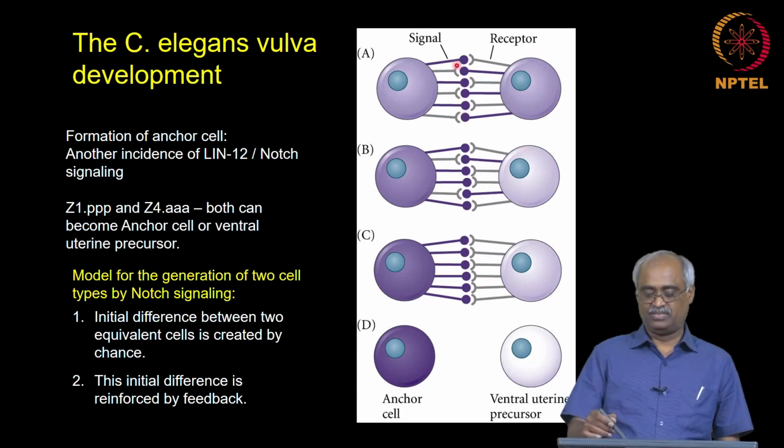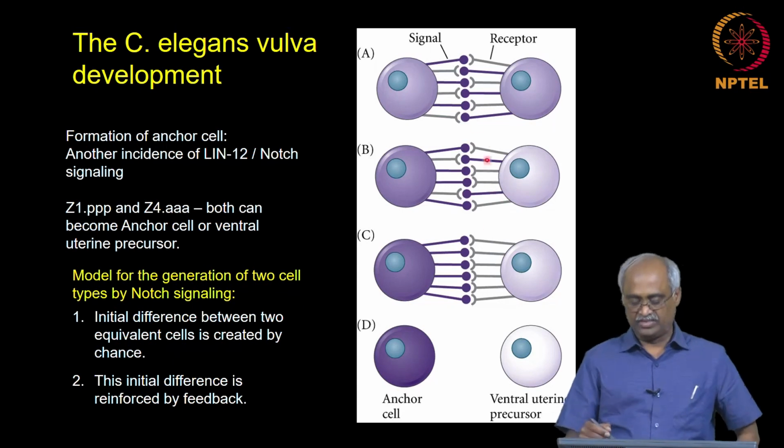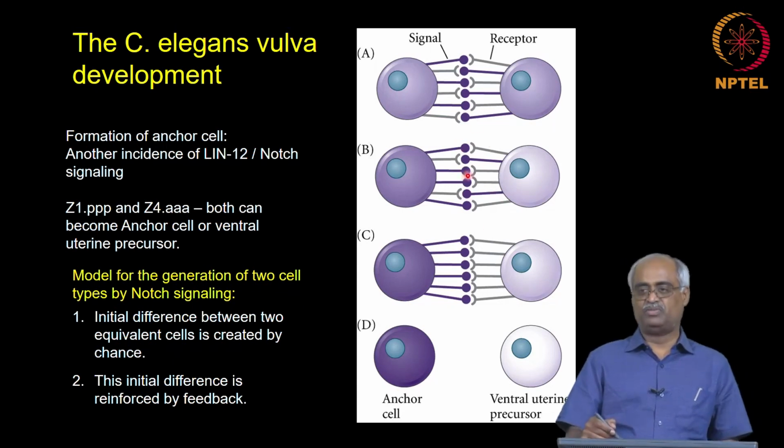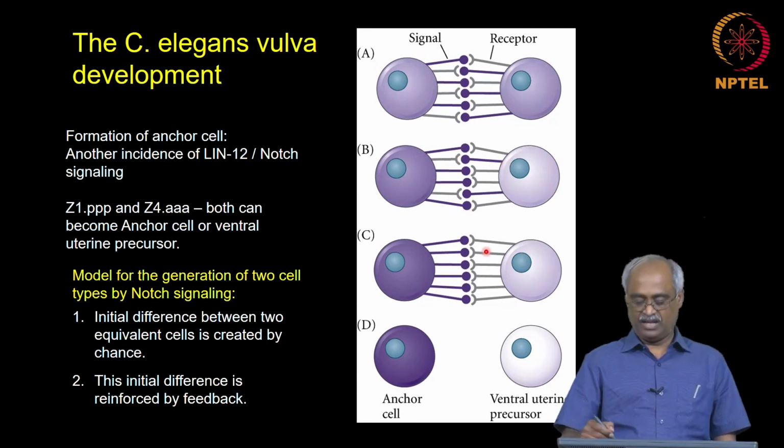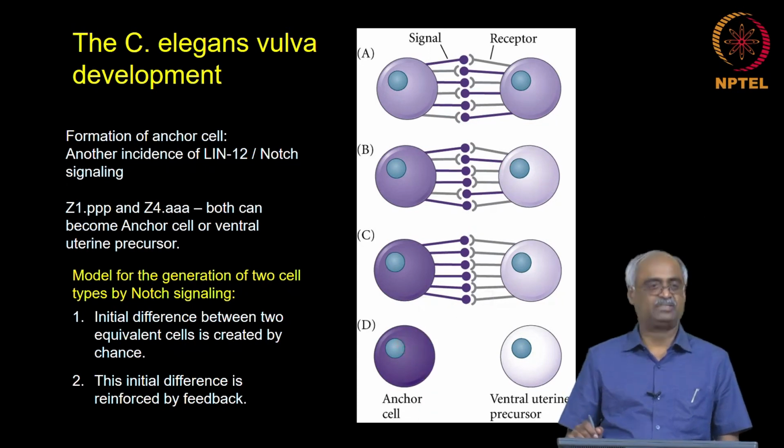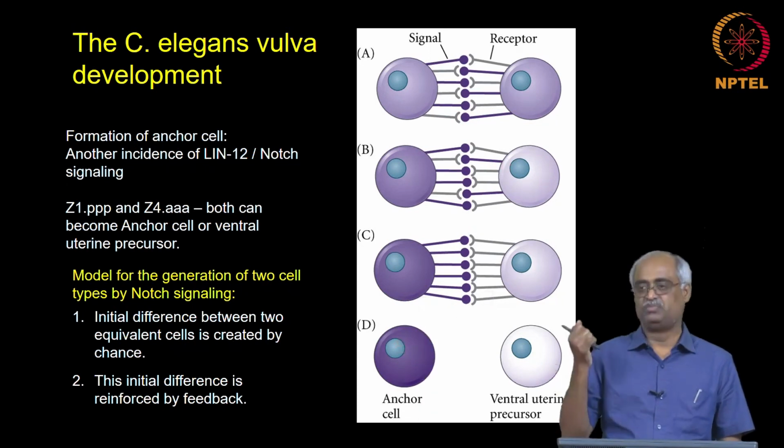So here you see this is the signal, this is the receptor, and both cells are producing both. If one is producing a little bit more of the receptor and the other more of the ligand, this ligand-producing cell is going to tell the receptor cell not to produce ligand, but instead produce receptor, and that ends up in this difference. Then finally one becomes the anchor cell, another becomes the ventral uterine precursor.